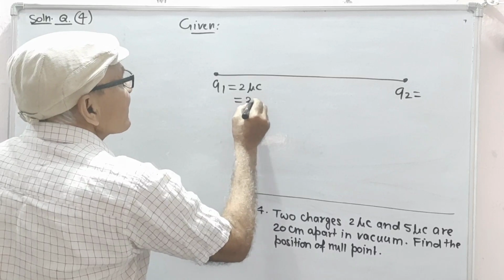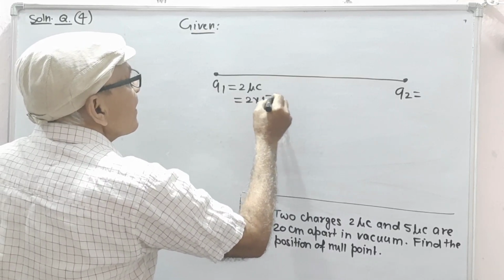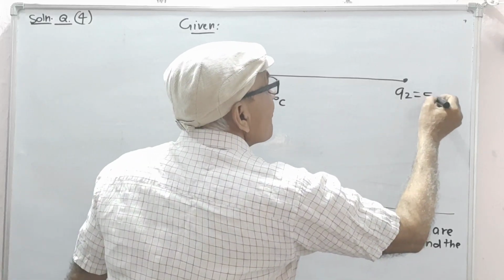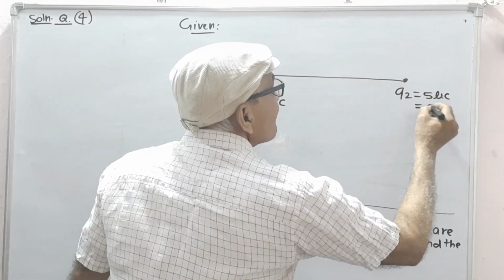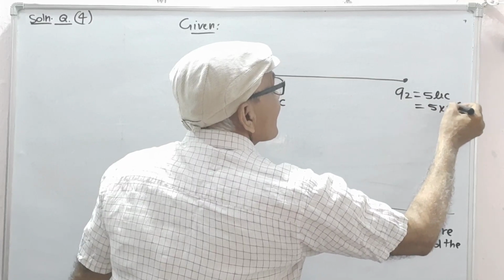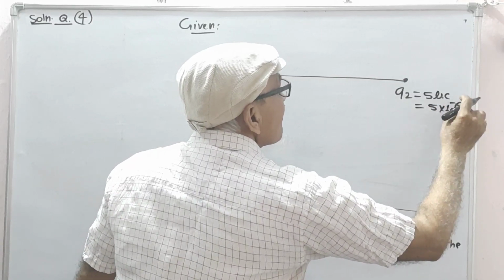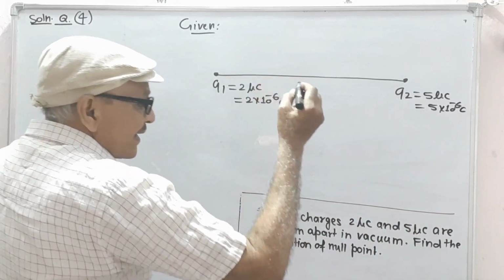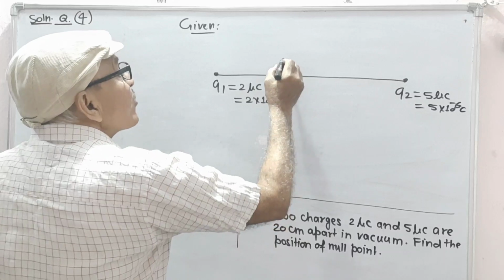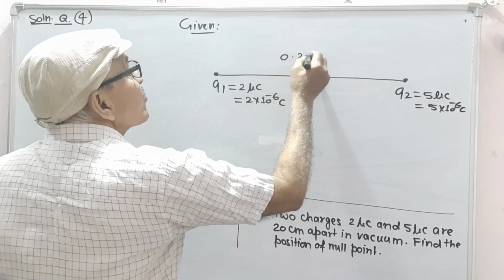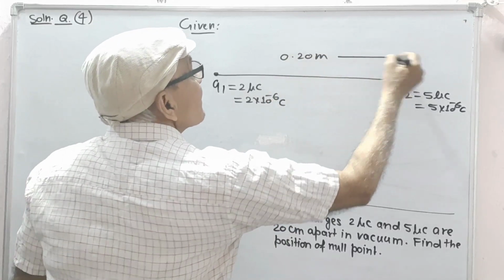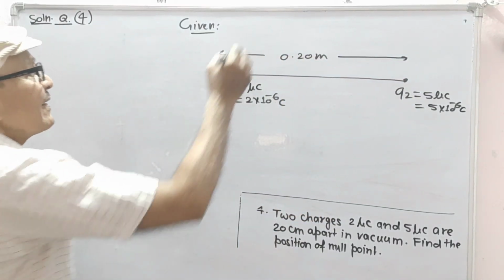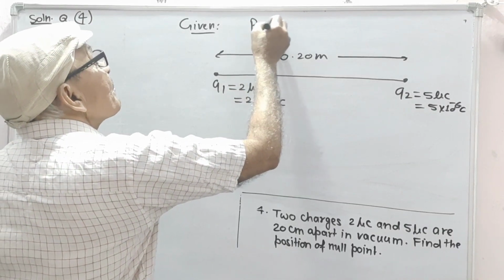Micro means 10 to minus 6, so 2 into 10 to minus 6 coulomb. Q2 is 5 microcoulomb, that is 5 into 10 to minus 6 coulomb. They are separated in vacuum by 20 cm. 20 cm means 0.2 meter. This distance is 0.2 meter. We have to find the position of null point.